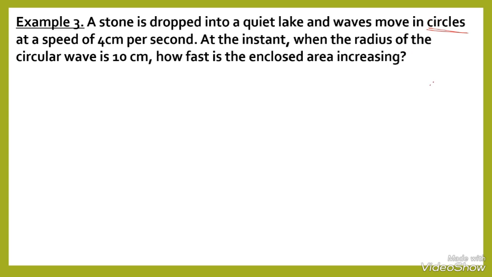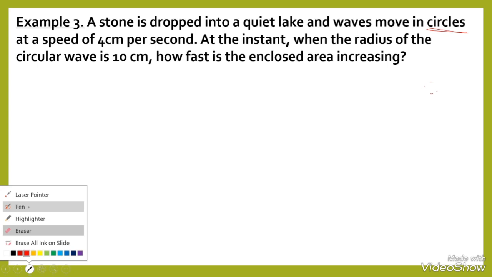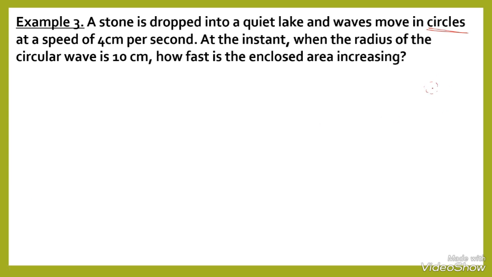It means if I drop a stone here, the waves move outward like this. Just imagine a circle: I put a stone here and the waves move out. It forms a circle at a speed of 4 centimeter per second, at that instant when the radius of the circular wave is 10 centimeter.